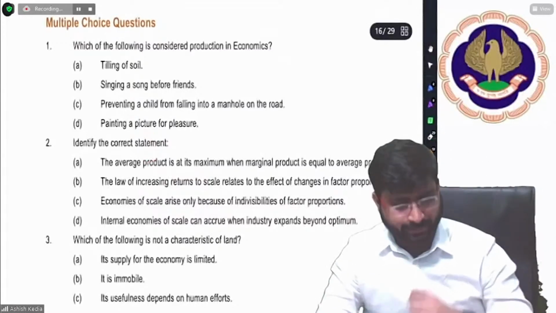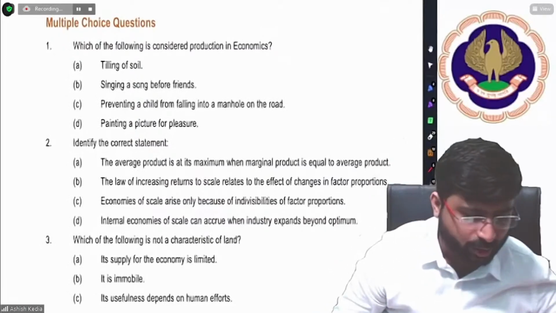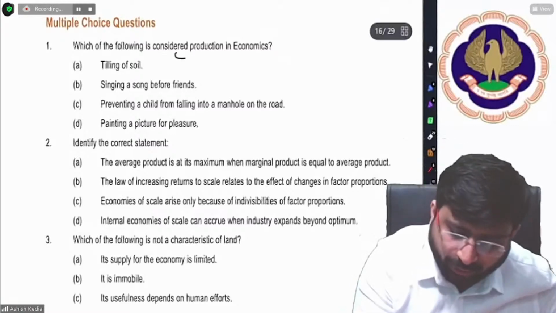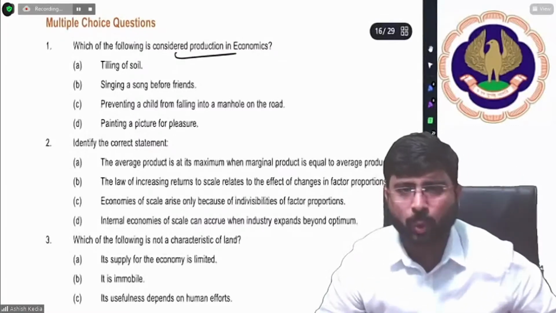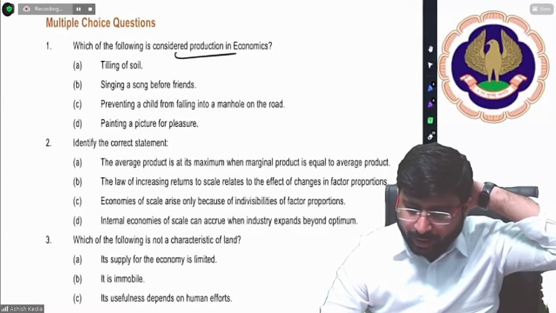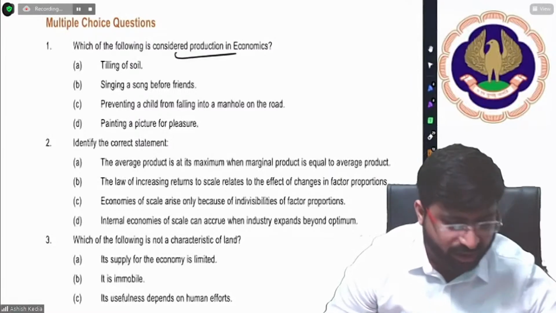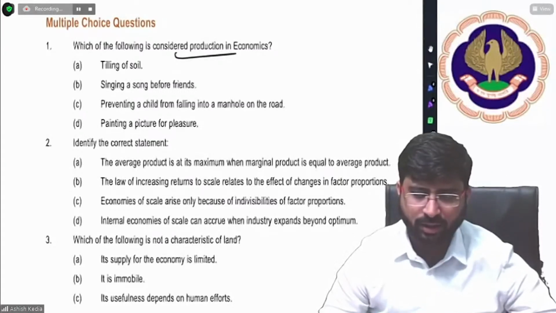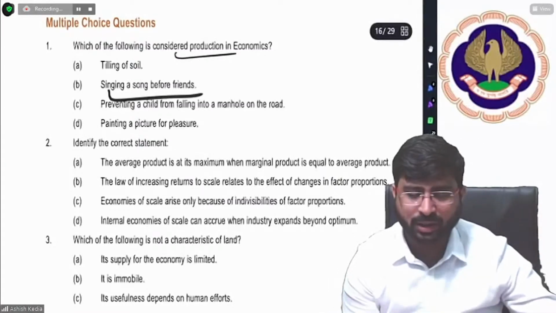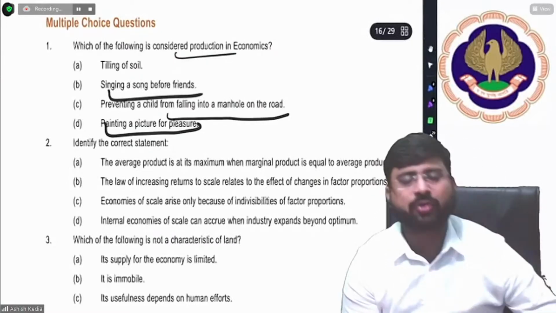Let's have a look here. The question is, pay attention friends, which one of the following is considered production in economics? Tilling of soil, singing a song before friends, preventing a child from falling into a manhole on the road, or painting a picture for pleasure?